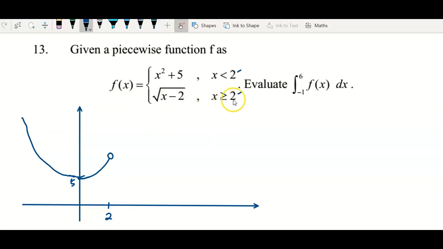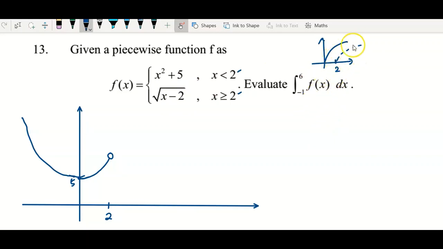And for x greater than or equal to 2, the graph is the square root of x minus 2. And how do we sketch a square root of x minus 2? The shape of the square root of x is like this. If x minus 2, meaning that we need to shift our graph 2 units to the right, it becomes like this. Alright, this is at 2.